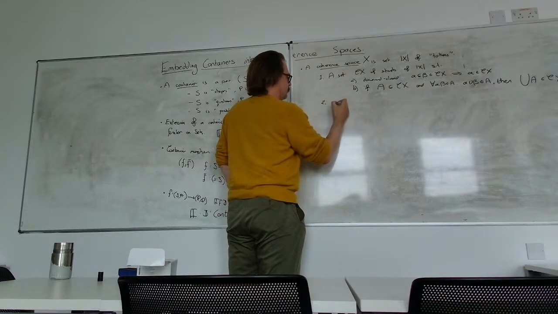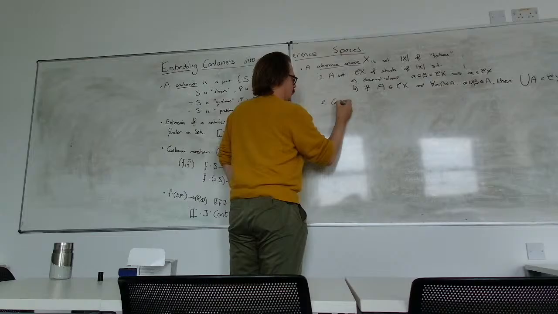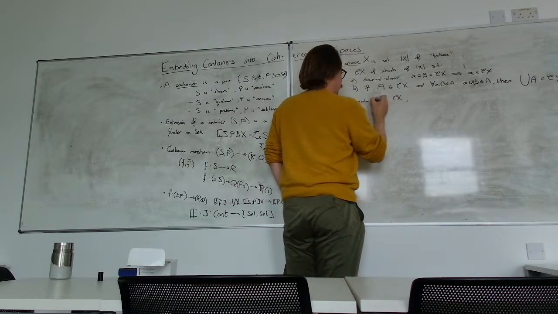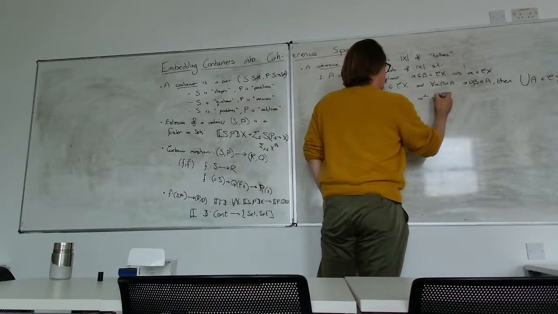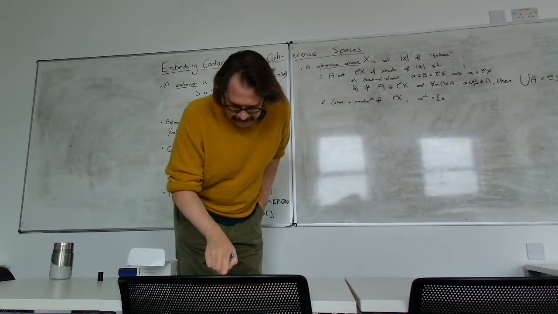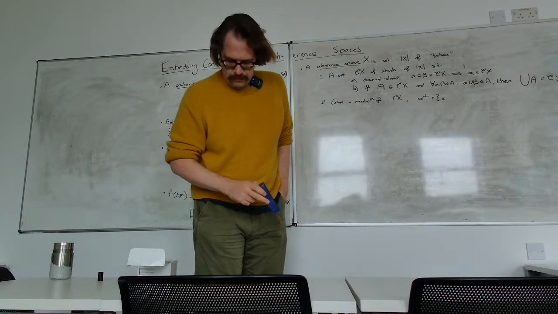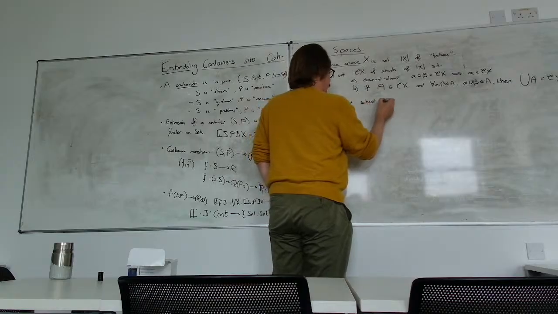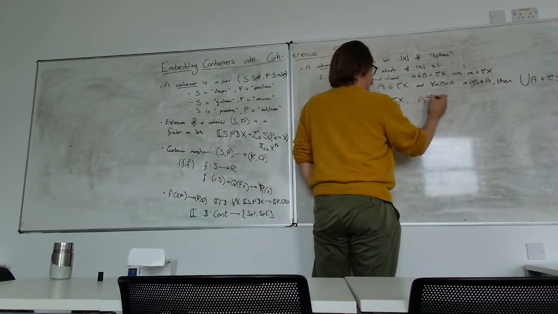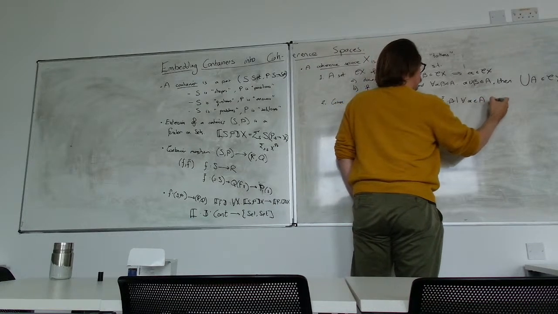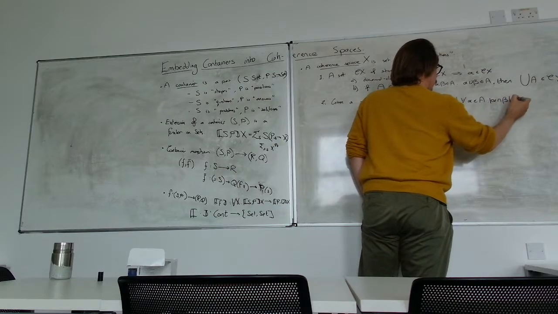Given a subset A of C X, we can define A perp to be the set of sets beta such that for all alpha in A, the intersection of alpha and beta has cardinality less than or equal to 1.